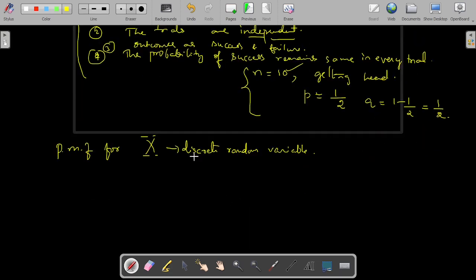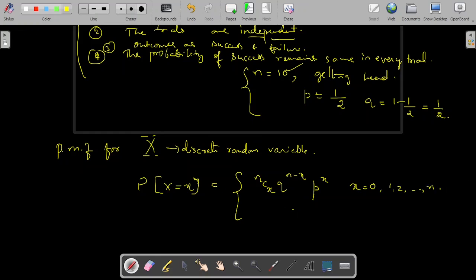Then its probability mass function is given by p of x equal to ncx q to the power n minus x into p to the power x, where x is from 0, 1, 2 and so on up to n, 0 elsewhere.